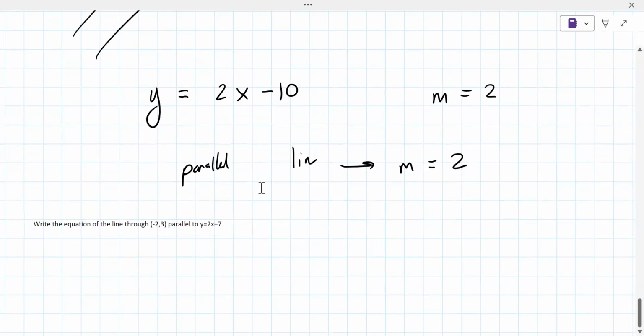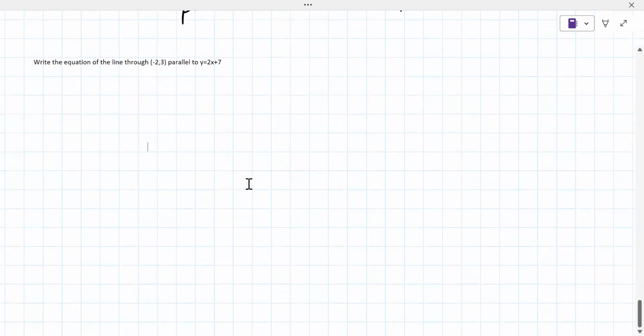So when you get that slope of 2, and you have a point -2, 3, you have to write the equation of the line. Now there's 3 forms of the line that you can recall that we've been doing. Yeah.